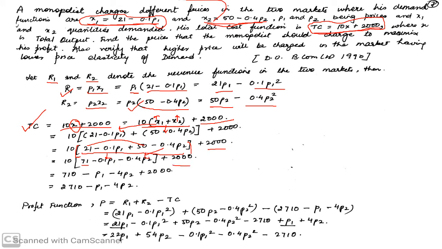We multiply by 10 what is there in the bracket, we get this plus 2000. The final total cost is 2710 minus p1 minus 4 p2. This is the total cost. Our total cost has been calculated, okay.